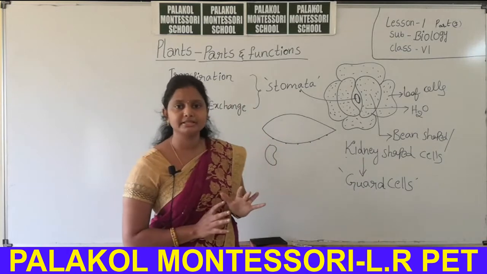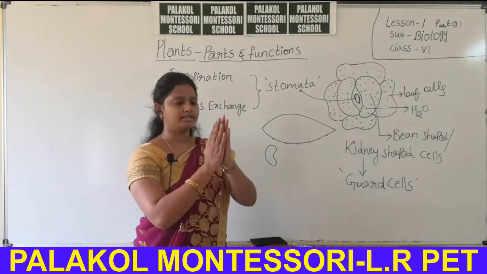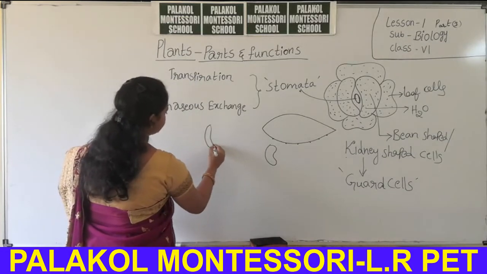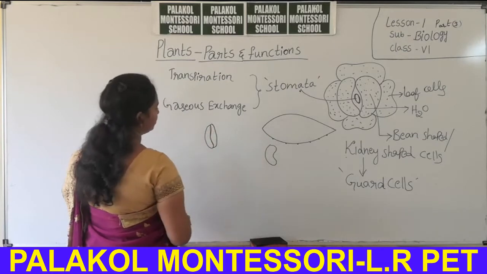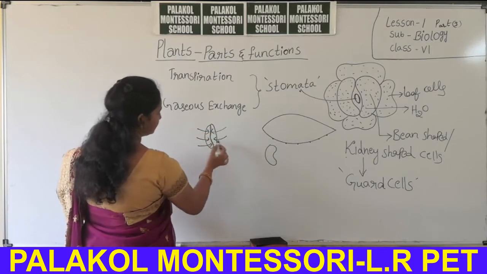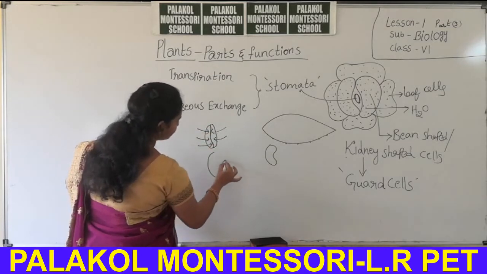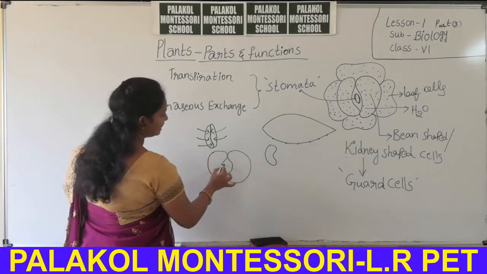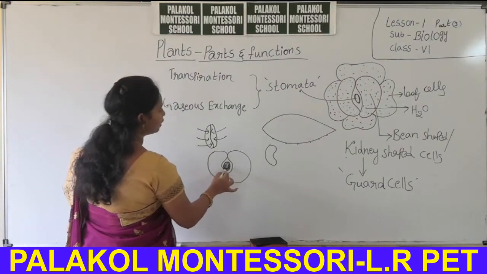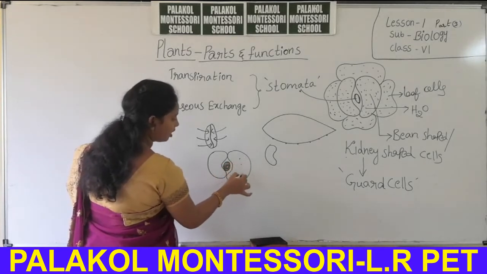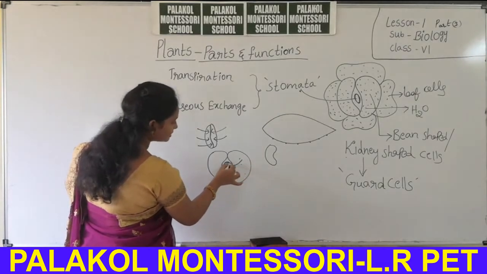Is it clear, students? Okay. Now, guard cells are present like this. If water comes into the guard cells, the guard cell becomes swollen, leaving a pore or hole. From this hole, the water present in the guard cell moves towards the pore.